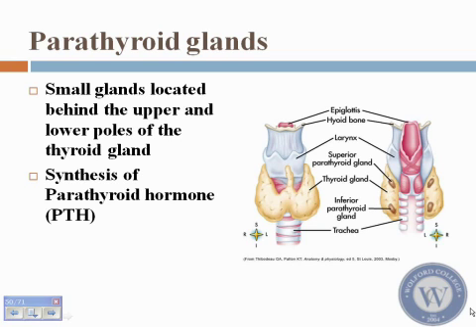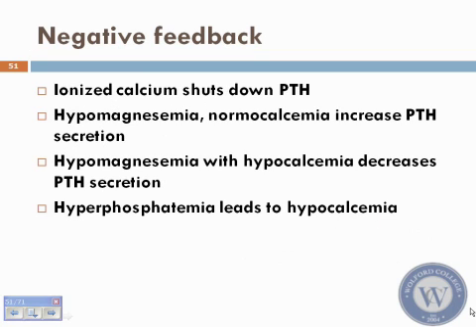The importance of this gland is that it produces a hormone called parathyroid hormone. The negative feedback mechanism that actually shuts down the production of parathyroid hormone is ionized calcium. The other thing that also increases parathyroid hormone secretion is hypomagnesemia.